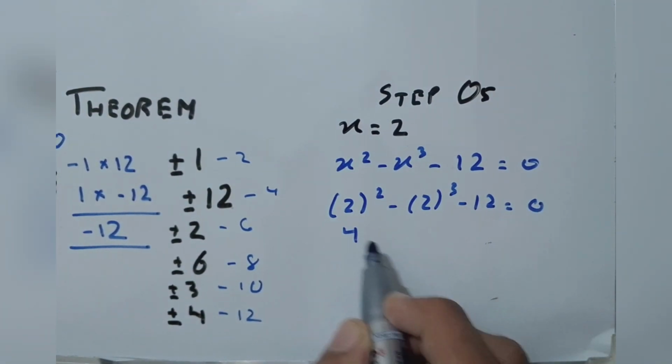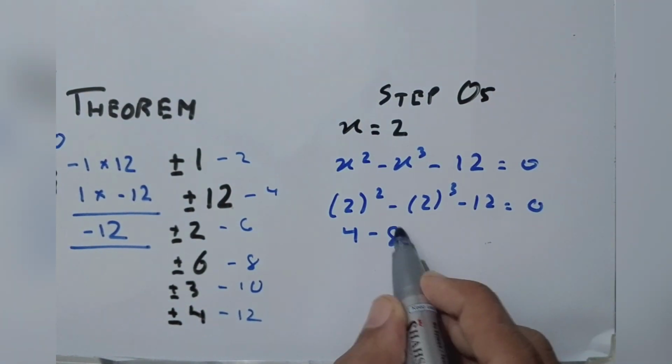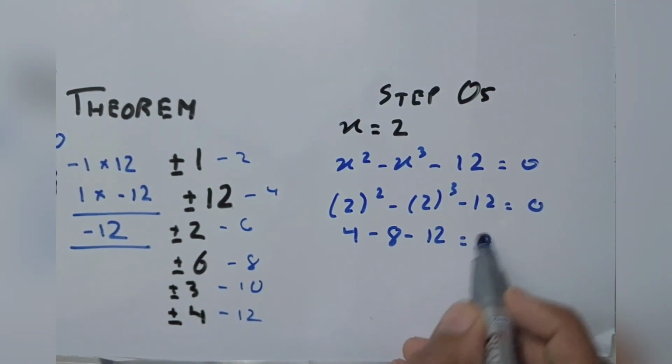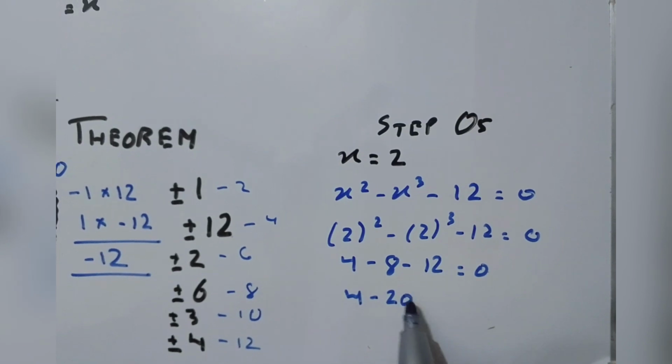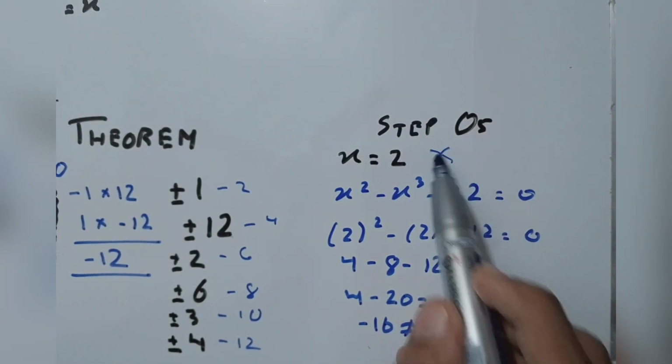This is 4 minus 8 minus 12, which gets minus 16, which is not equal to 0, hence x equals 2 is not our answer.